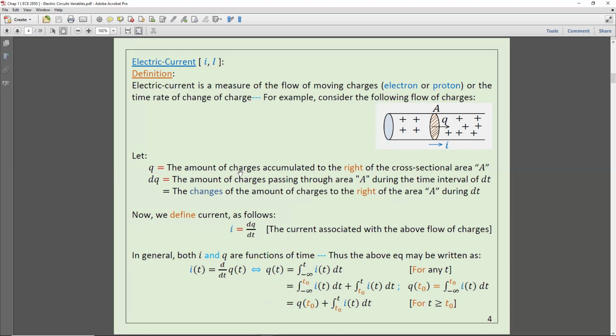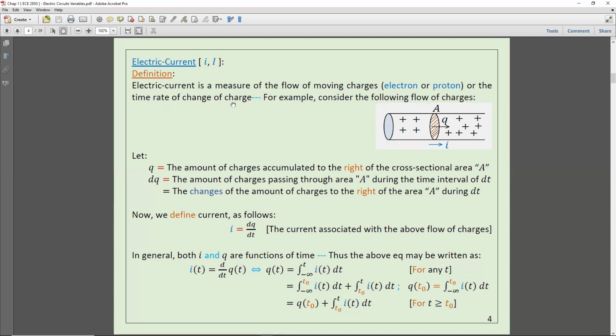So now I want to move to the second variable we have, electrical current. I think all of you should be familiar with the term electrical current. This is the definition of electric current: electric current is a measure of the flow of moving charges, either electrons or protons, or the time rate of change of a charge.